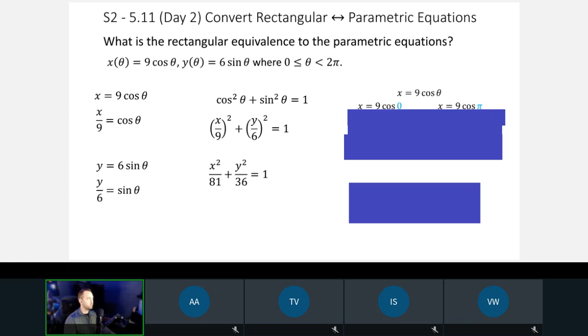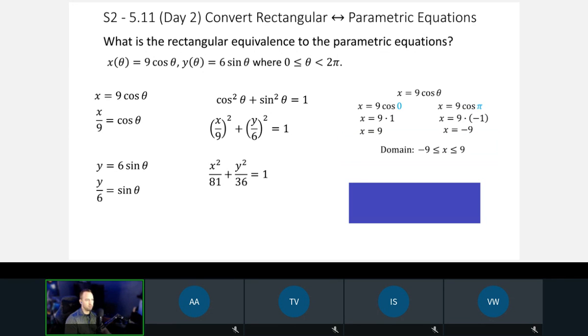These can be tricky to identify what the actual domain is because they're trig functions, and graphing it is a great way to see what's going on. But that's why we use 0 and pi and not 0 and 2 pi. We just plug them in and solve them both. And that means our domain is from -9 to +9.